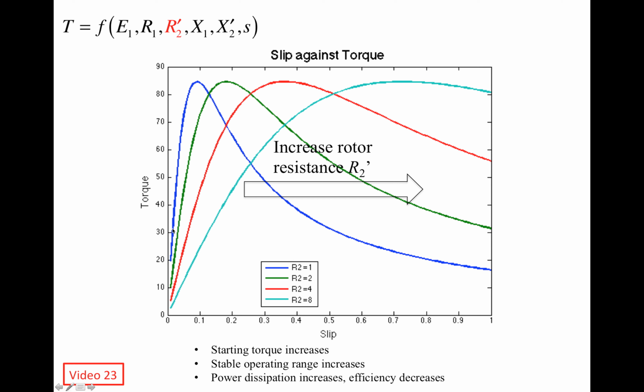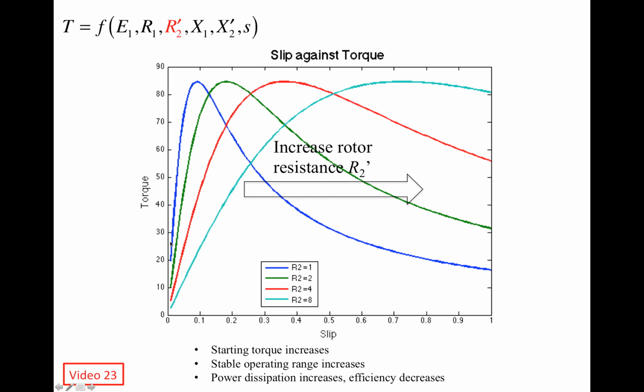So if we increase R2 prime, the torque slip curve is going to change. But how? The peak torque, the amplitude of the maximum torque, is going to stay constant. It's not going to vary. But the entire curve, the location of the peak, is going to shift to the right.